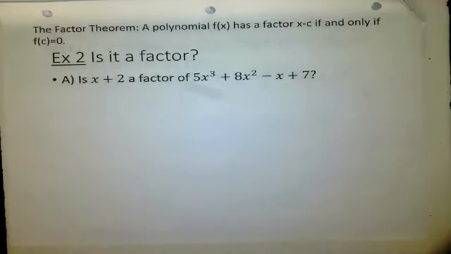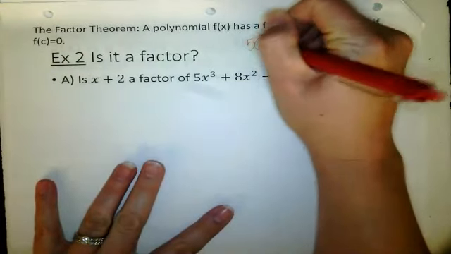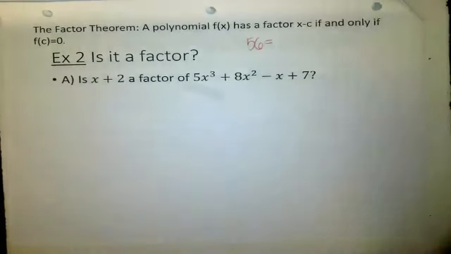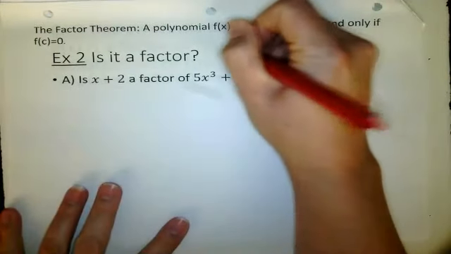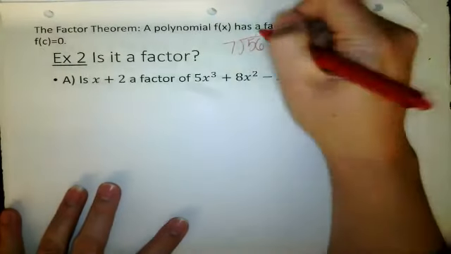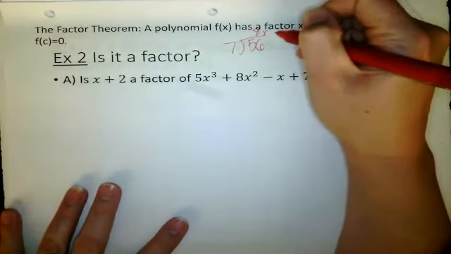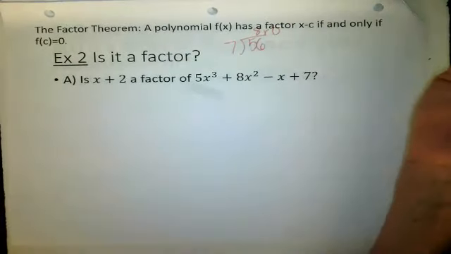You guys have done a little bit of graphing. But if I have a number like 56, and I were to divide it by 7, what would you get? 8. Remainder? 0. Remainder 0.